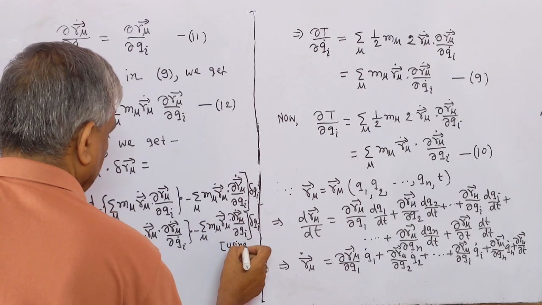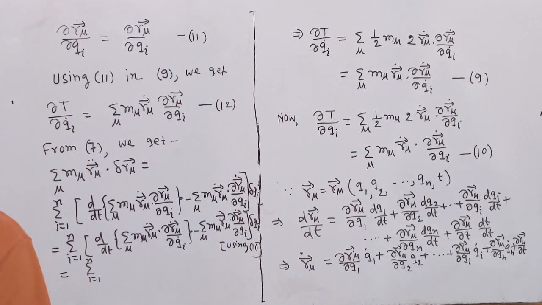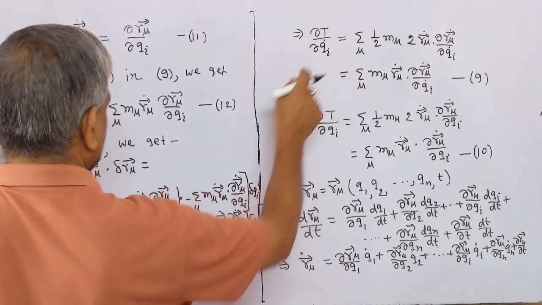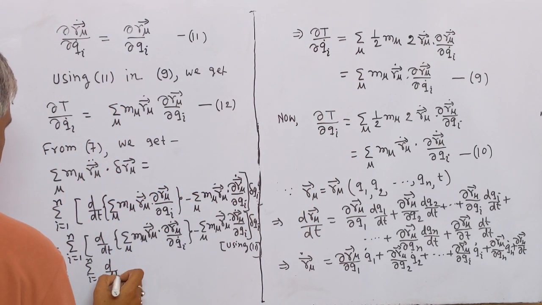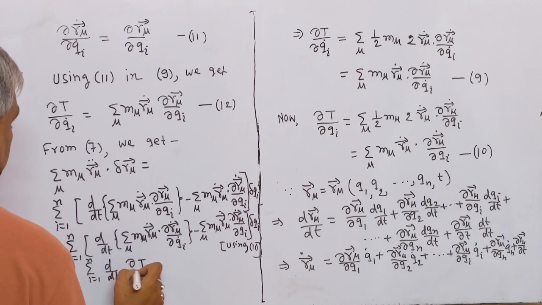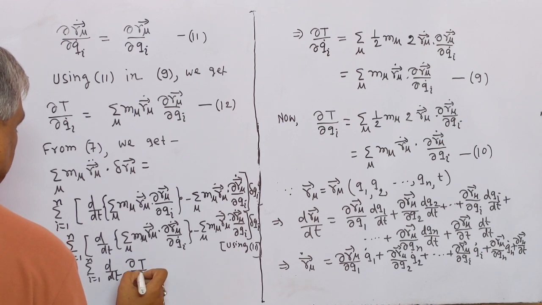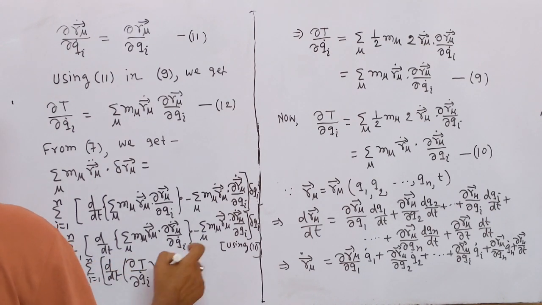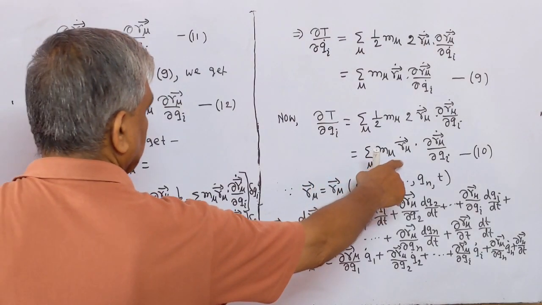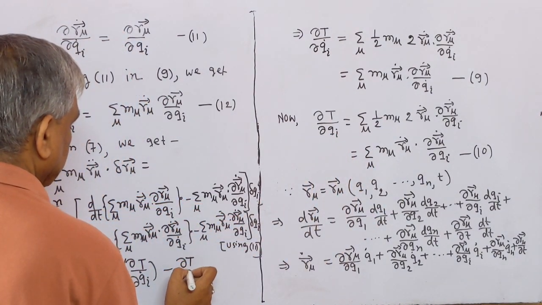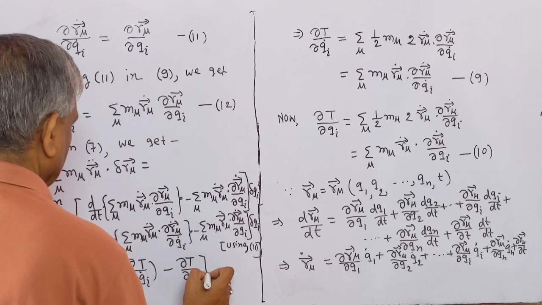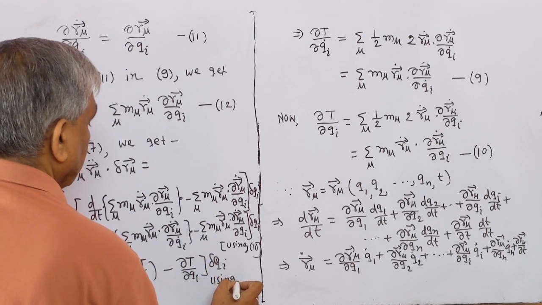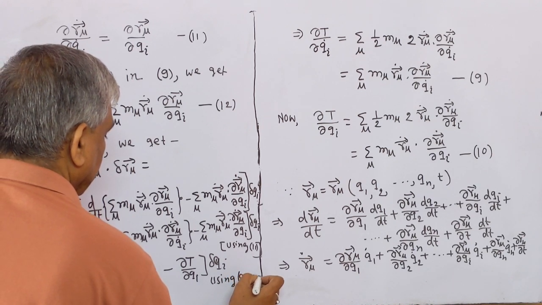Using 11 from 9 we get this value: partial derivative of d by dt firstly, then partial derivative of T with respect to qi dot, minus, here this value is partial derivative of T with respect to qi and delta qi, using 9 and 10.